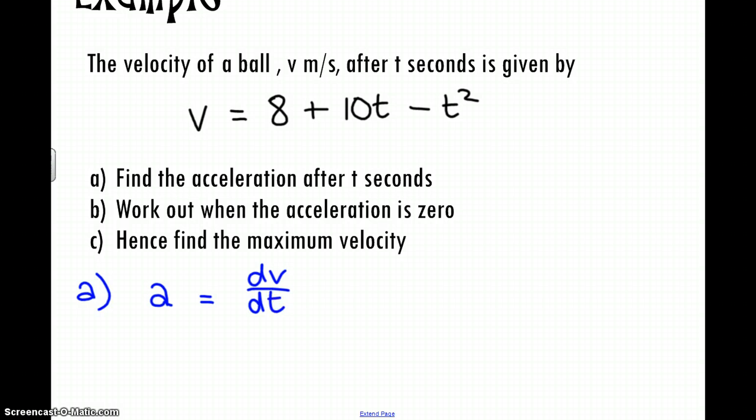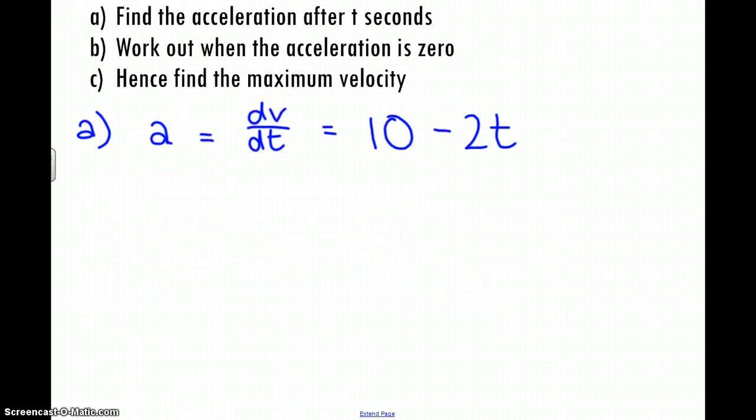So if we differentiate this v, the 8 will be nothing, the 10t differentiates to become 10, and the minus t squared differentiates to become minus 2t. So that's part A. That is my acceleration after t number of seconds.